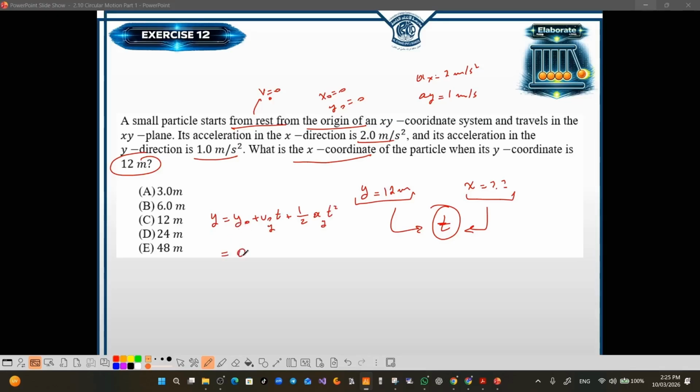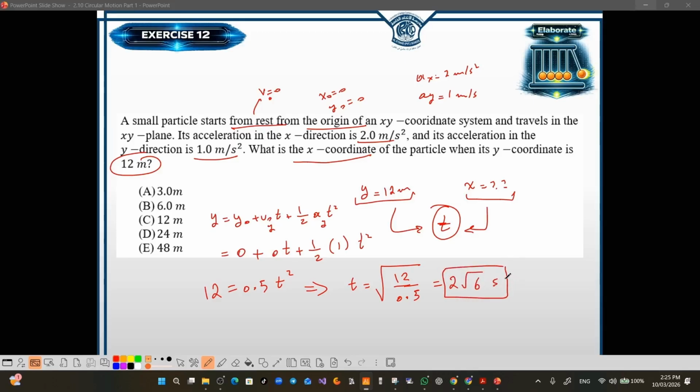We started from 0 at rest, plus half, the acceleration along the y-axis is 1, and the time is t squared, so 0.5 t squared, and y is 12. We divide both sides by 0.5 and take the square root to get the time, and the time will be 2 radical 6 seconds.